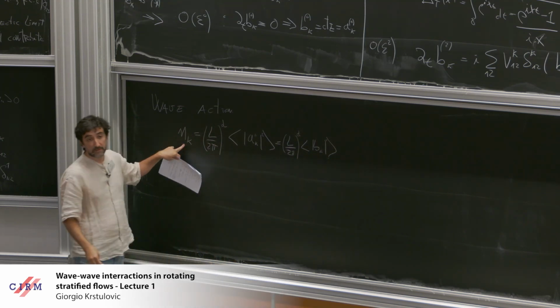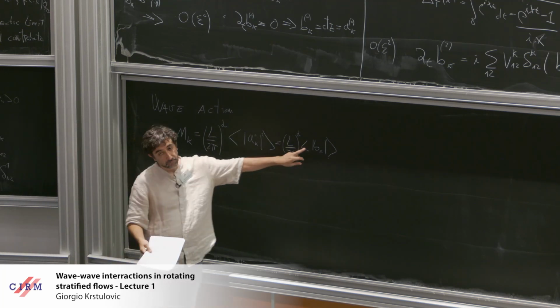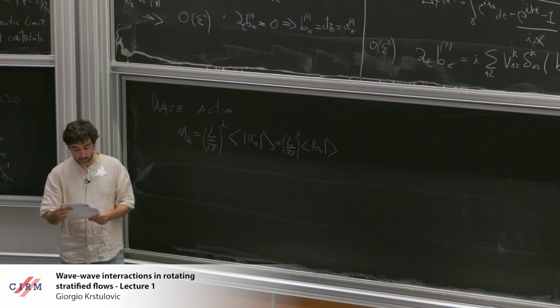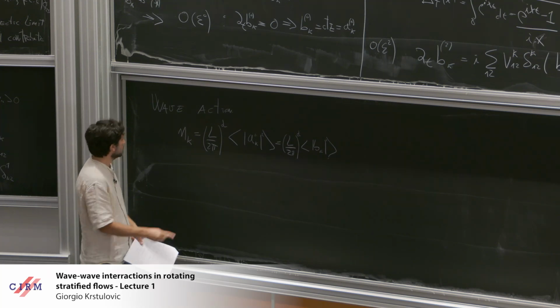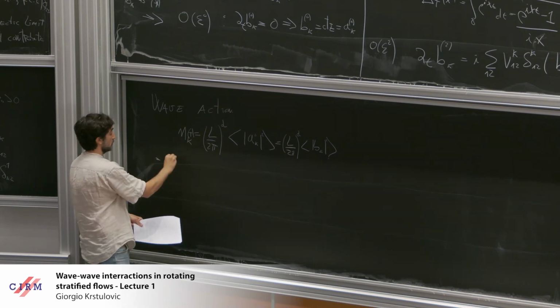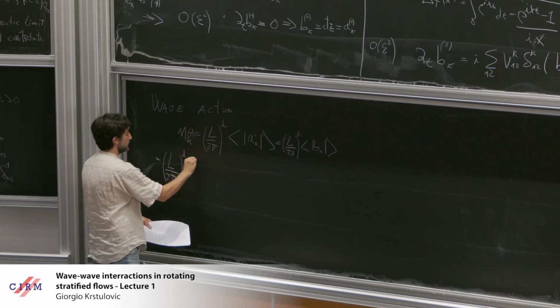And what I want is to write an equation for n in that limit. So I need to compute b. B is a series of different things, but this is something we can compute. So n of k at time t will be L over 2 pi to the power d.